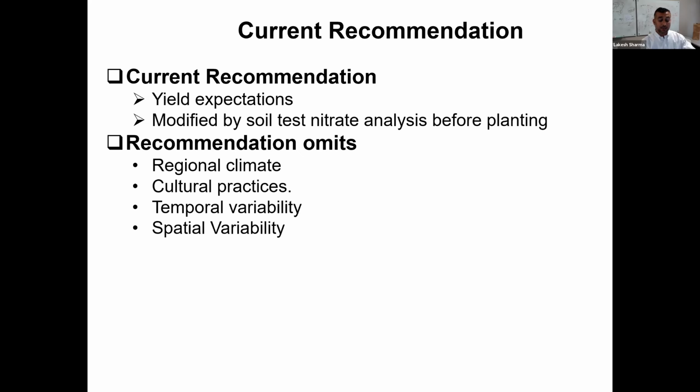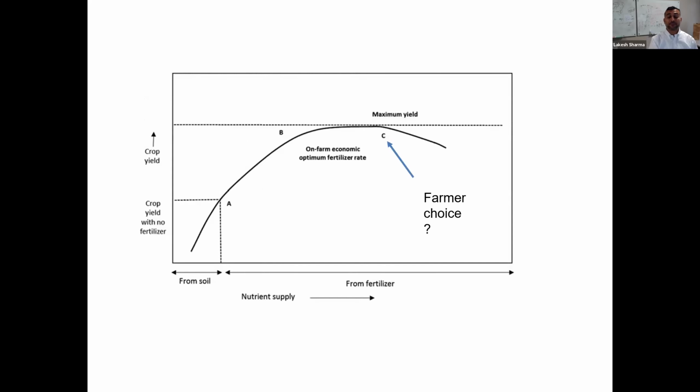Typically these are the curves we develop as scientists and researchers when we do rate studies. So this is a typical yield curve. On the x-axis, nutrient application happens.